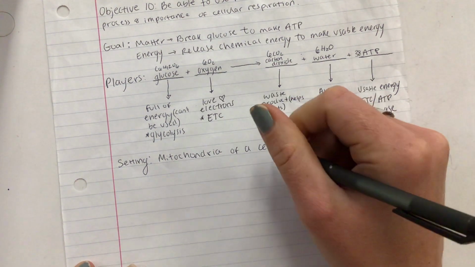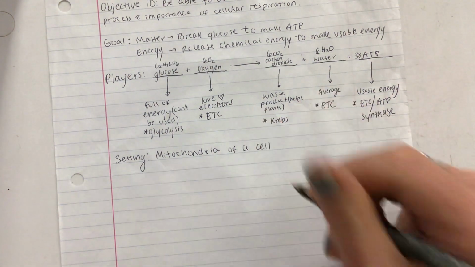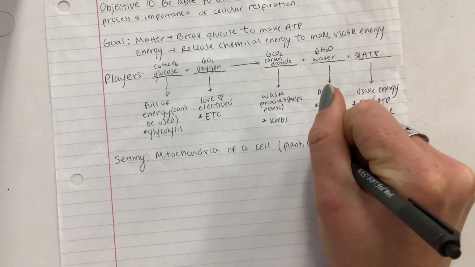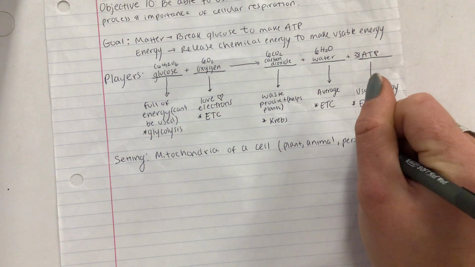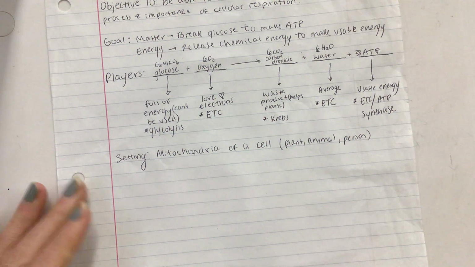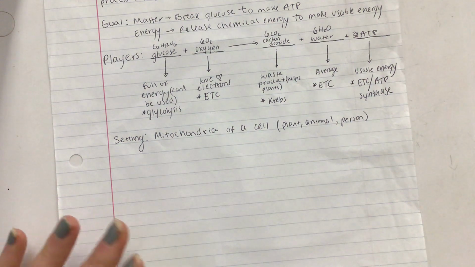You'll get different views just a little bit if you decide to be in a plant, an animal, or a person's mitochondria. But they're all pretty similar, the same levels, just in different settings. And so we're going to draw this mitochondria so you can see what the overview of each playing field is.